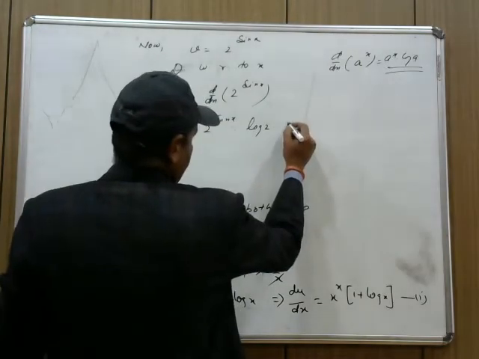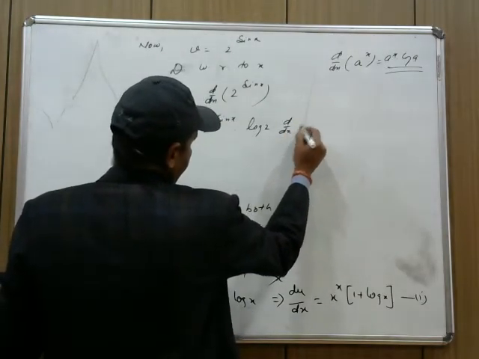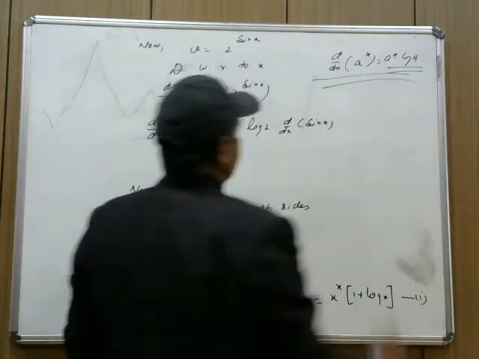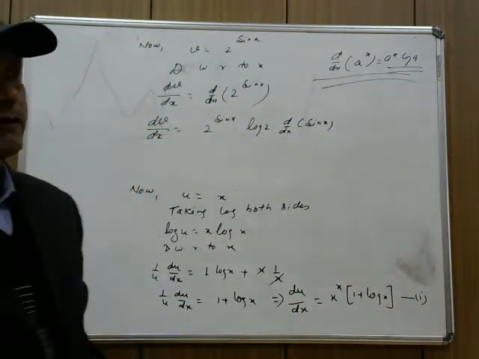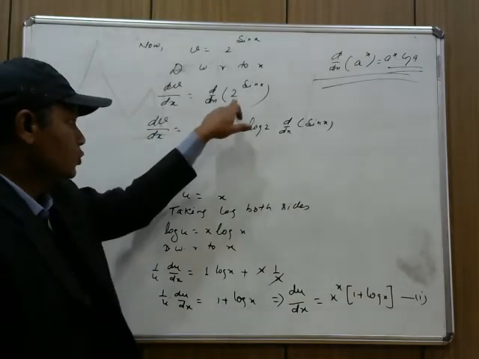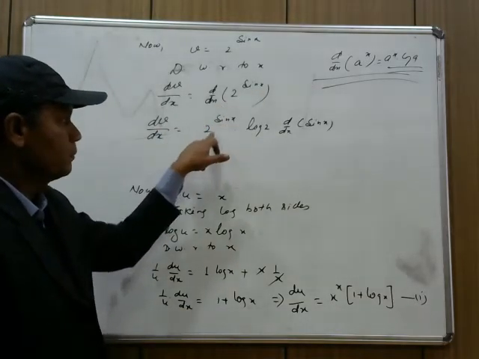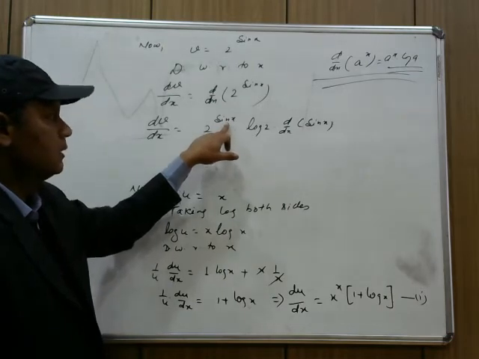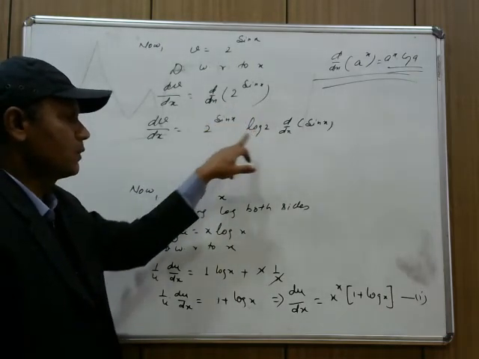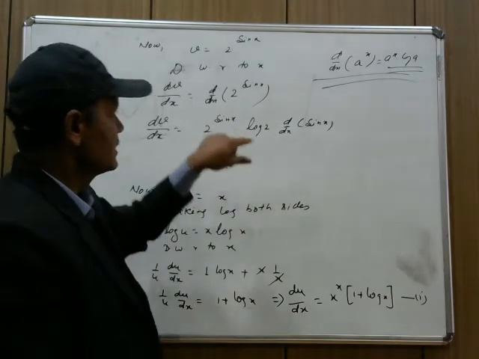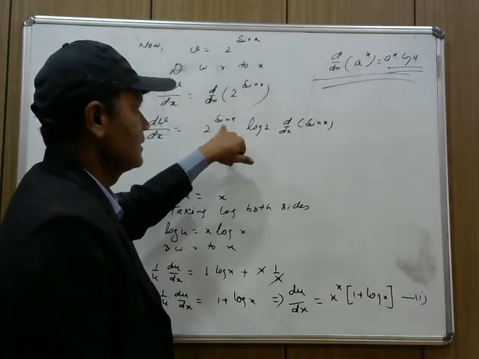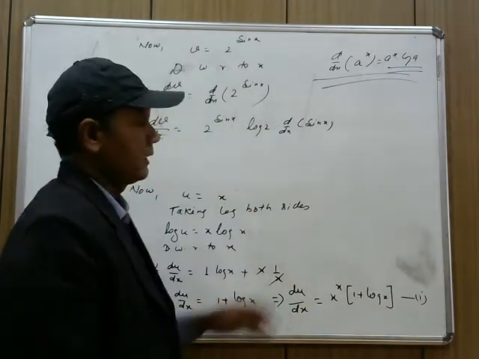Clear? The formula says d by dx of a to the power x is a to the power x into log a, so 2 to the power sin x stays as it is, into log 2, into the differentiation of sin x, because this is not simple x, this is now sin x.